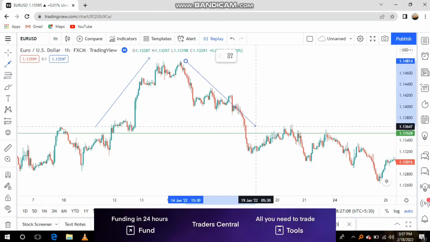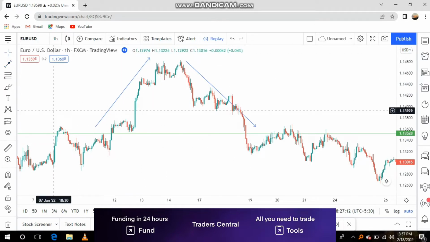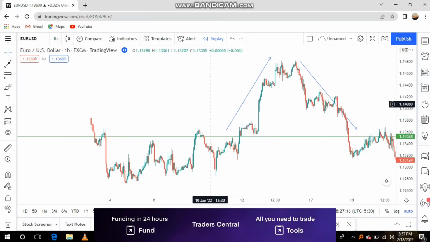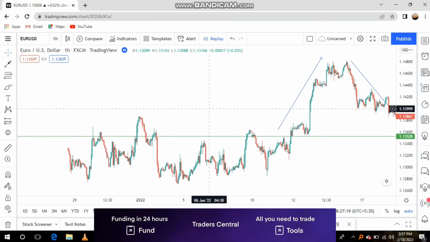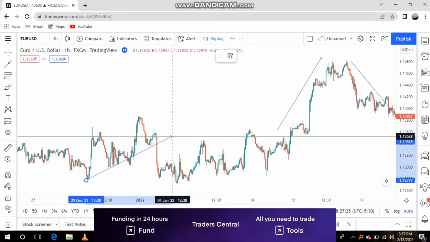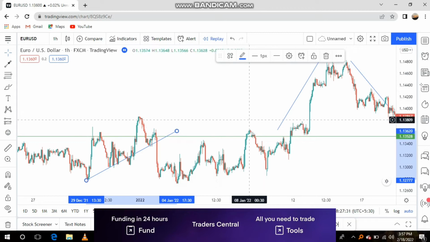So this is what I mean. It comes back to the same level. You see? Even when I show you another example, you still see the same thing. Same thing guys. As you can see, even see here. Market breaks this level right here. So it breaks this level here, then comes back to this level here. So this is what I'm trying to show you.